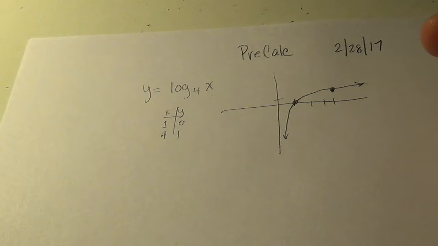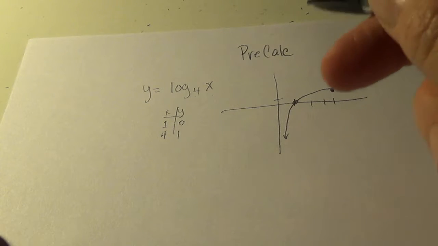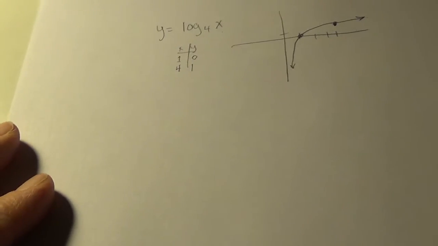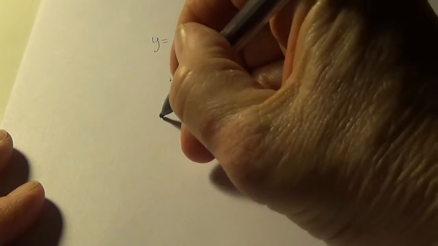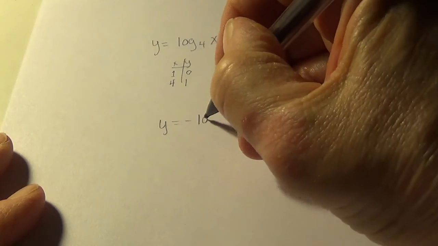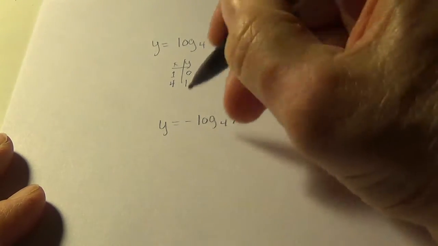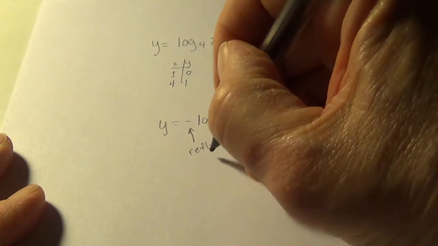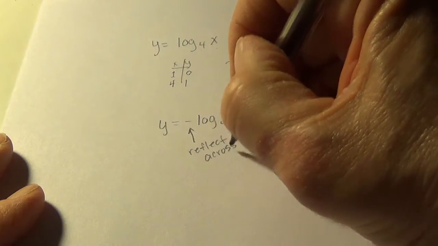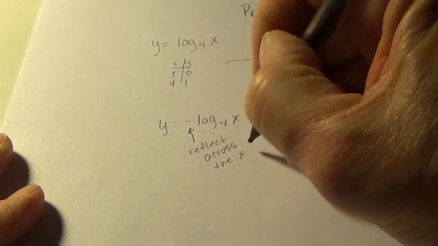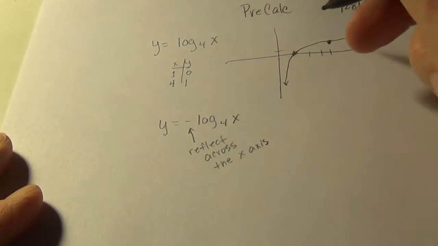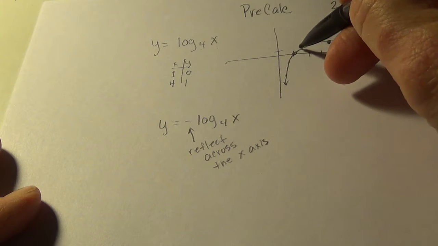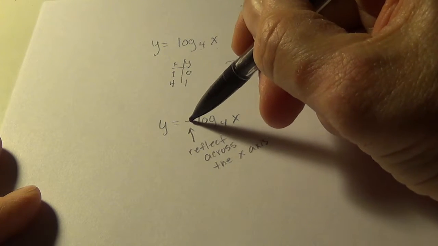Now, what happens when I put y equals negative log base 4 of x? This will reflect across the x-axis. It takes all these different points and changes the sign of each one.